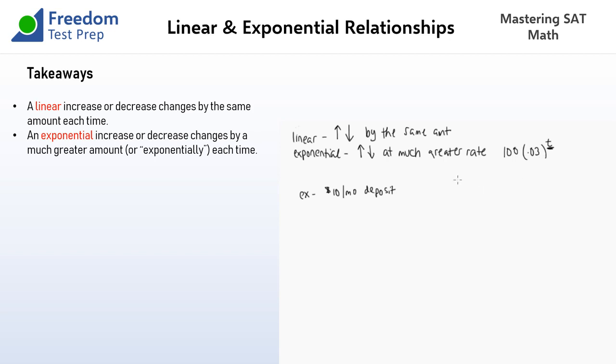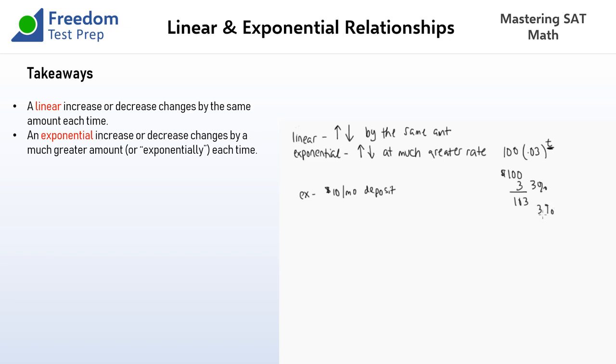So rather than your bank account balance going up by, let's say, $10 a month, well, actually, let's just work it out. Okay, so let's say we have $100 to start with, and we get 3% interest. 3% of 100 is 3. So in our first year, we're going to end up with $103.